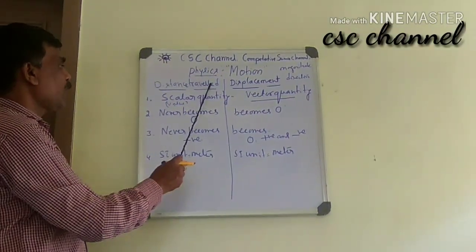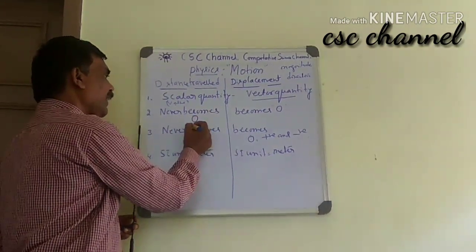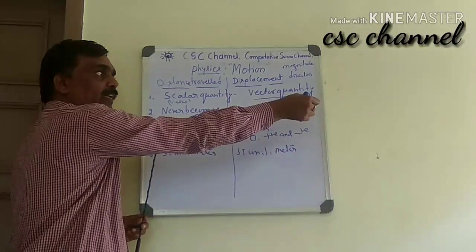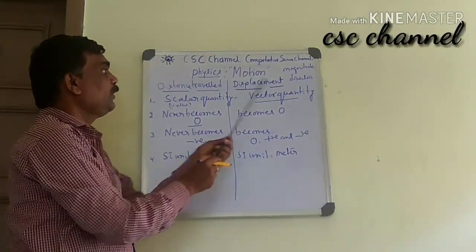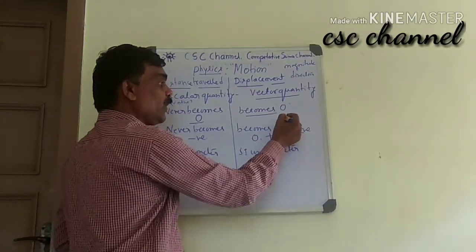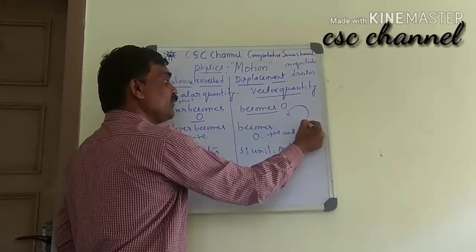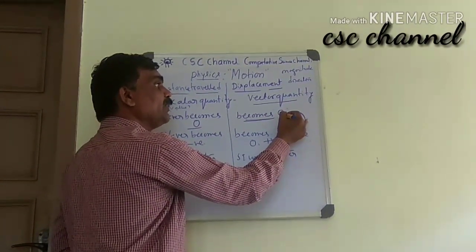Secondly, distance traveled never becomes zero. That means if the object traveled a certain distance, it does not refer as zero. But displacement can become zero because when an object returns to the same position, then its displacement is zero.